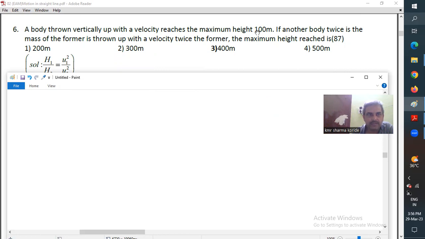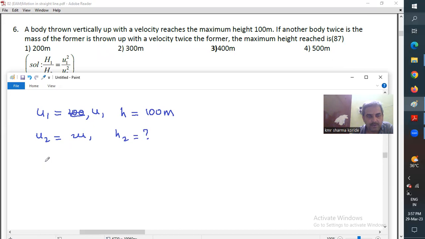If another body, twice the mass (of course, mass we don't require in case of motion in a straight line), twice the mass of the former, is thrown up with velocity twice the former. So U1 is U. With this U, if the body is projected, it reaches a height of 100 meters. If the velocity is doubled, what height is it going to reach? So H2 is the question.